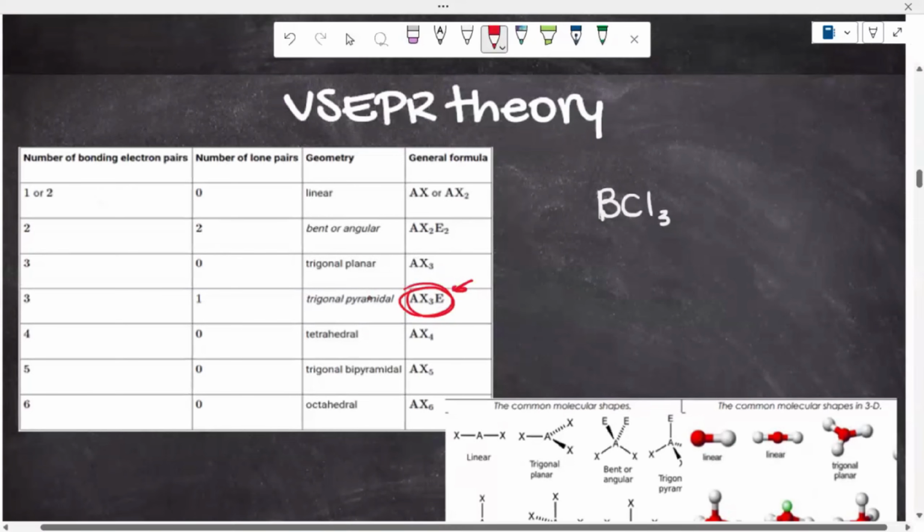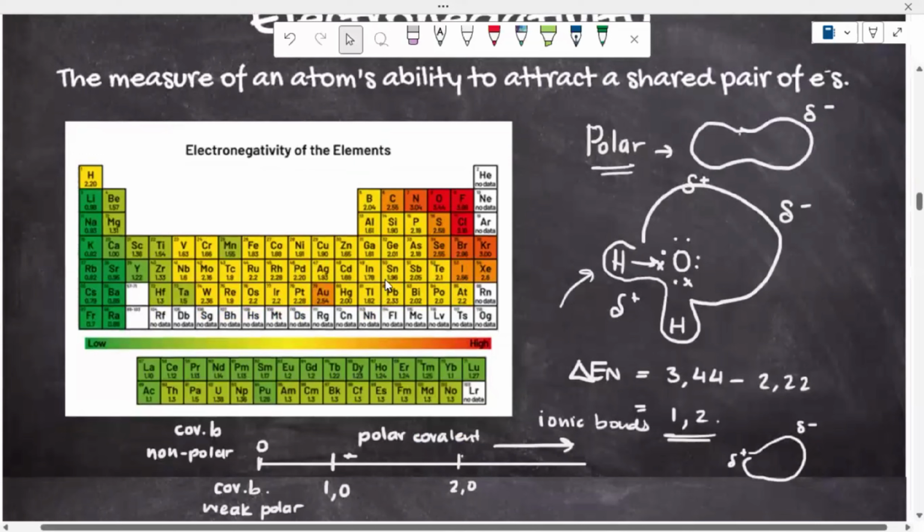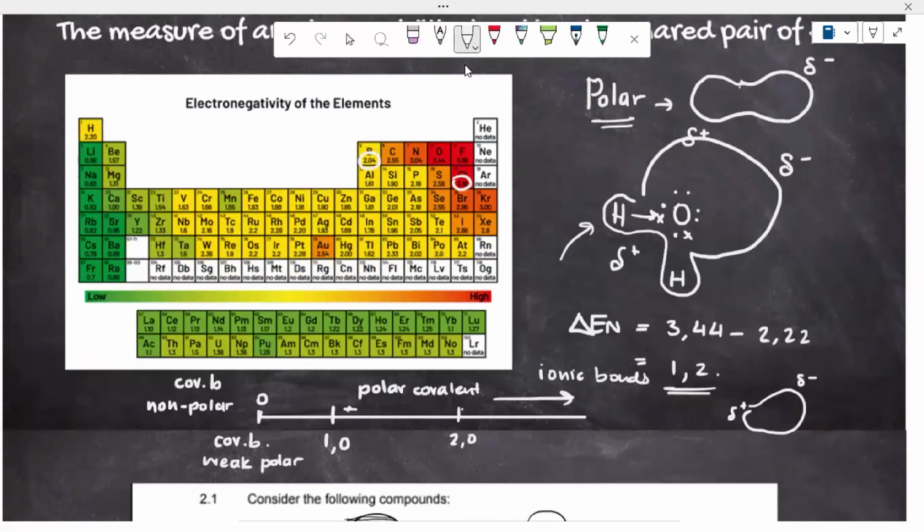So then we need to think about polarity, right? One way we can do it is by looking at the electronegativity difference. If we come over here, we have boron and chlorine. Boron has an electronegativity of 2.04 and chlorine has 3.16, right?